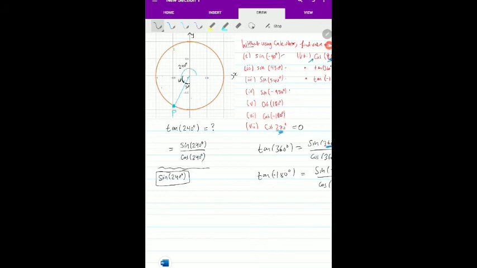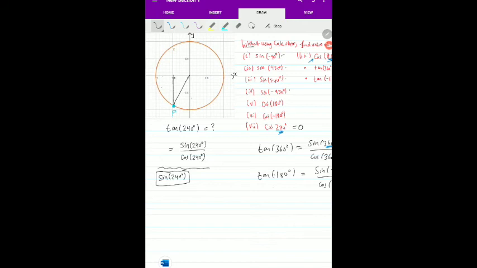Now, what's the next step? Well, we need to figure out the y-coordinate of P because we want the sine of 240. The way we can do that is to construct a right angle triangle. So let me get rid of all this mess right here.